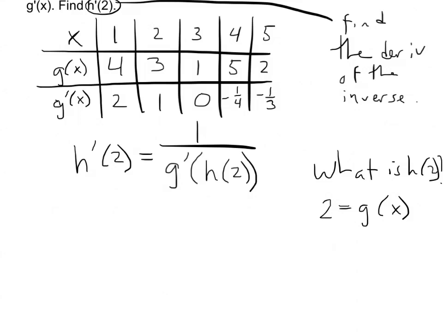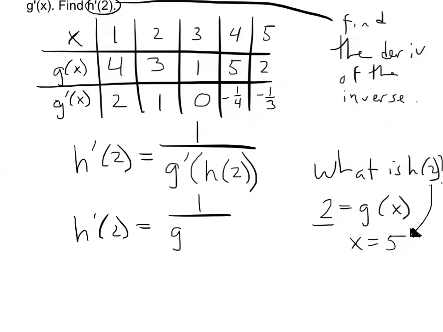G of x is equal to 2 right here when x is 5. So x is 5. Right? So what is h of 2? H of 2 is effectively 5. H of 2 is the x value that this output comes from. Right? So now I have h prime of 2 equals 1 over g prime of 5.